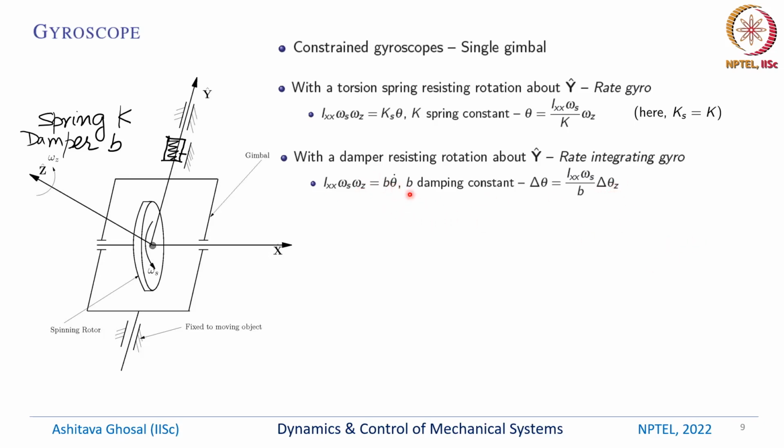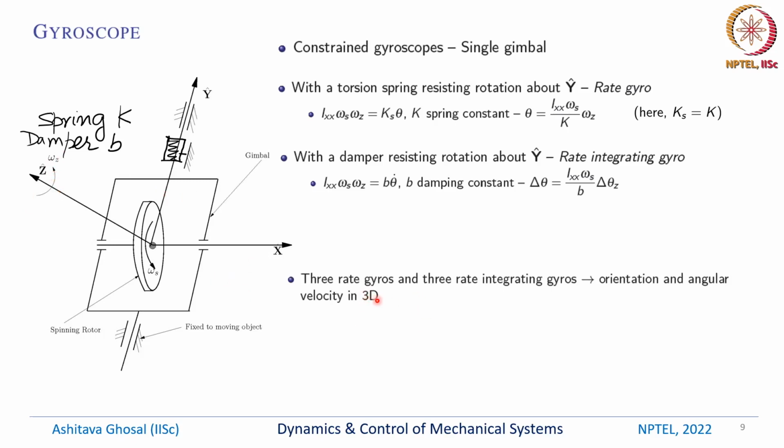Similarly here delta theta divided by delta t. So these two t's will go. So if you could measure this delta theta, I can find the integral of this omega z. This is delta theta z. That's why these are called rate integrating gyros. So here theta was proportional to the angular speed or component about the z-axis. Here the change in rotation is proportional to the change in rotation about the z-axis.